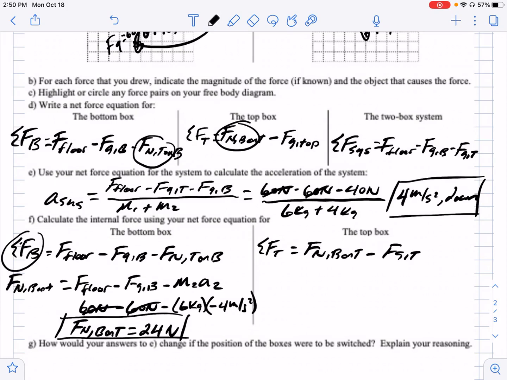We'll add the weight of the top box to the left, subtract the net force to the right, and whenever we do that, we'll substitute MA for our net force as well. So that normal force we're solving for is going to equal the net force, so M2A2 plus the weight of that top one.